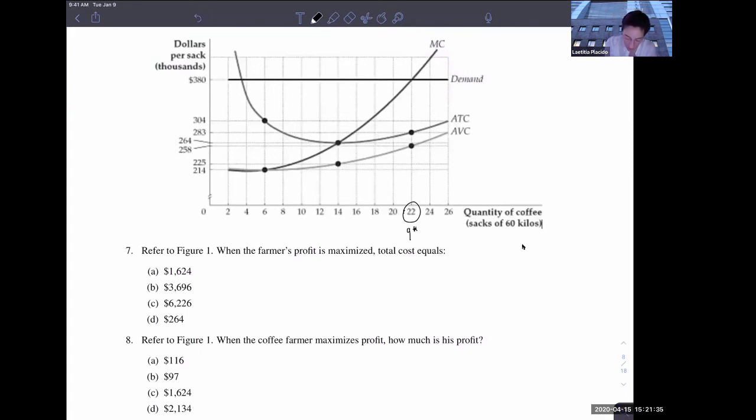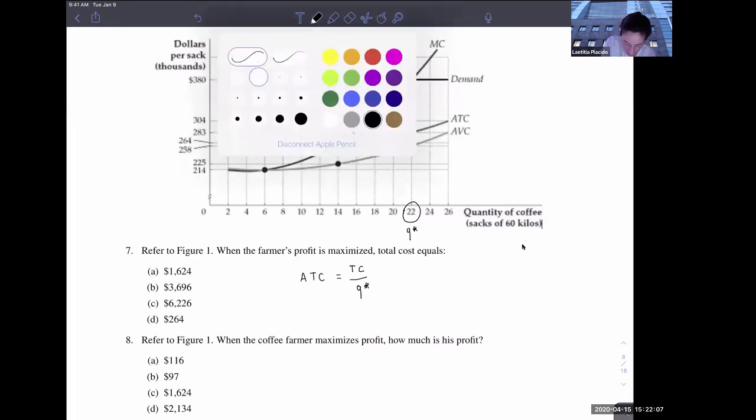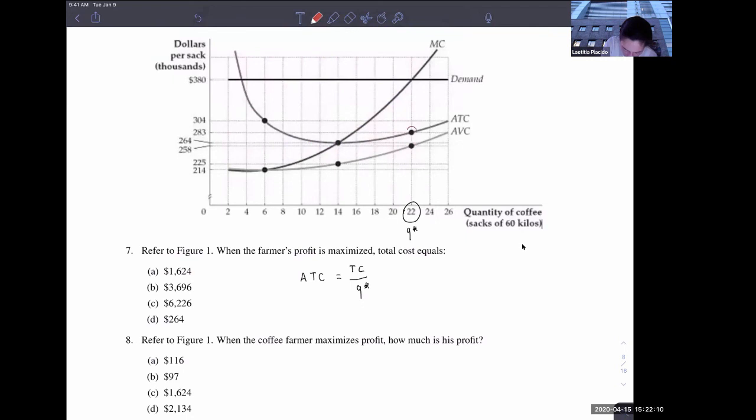So let's write down the total cost equation. We know that average total cost is equal to total cost divided by quantity, because we are in the optimum, quantity is Q star here. So what is ATC here when Q star is 22? Well, you can read on the graph the value of the ATC.